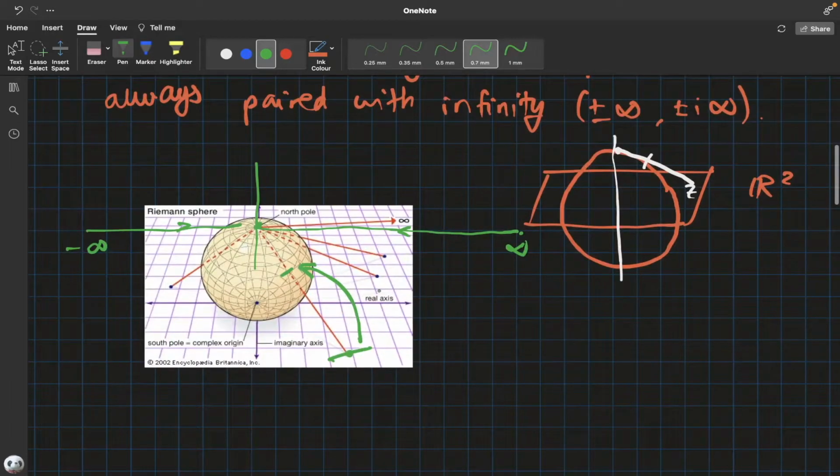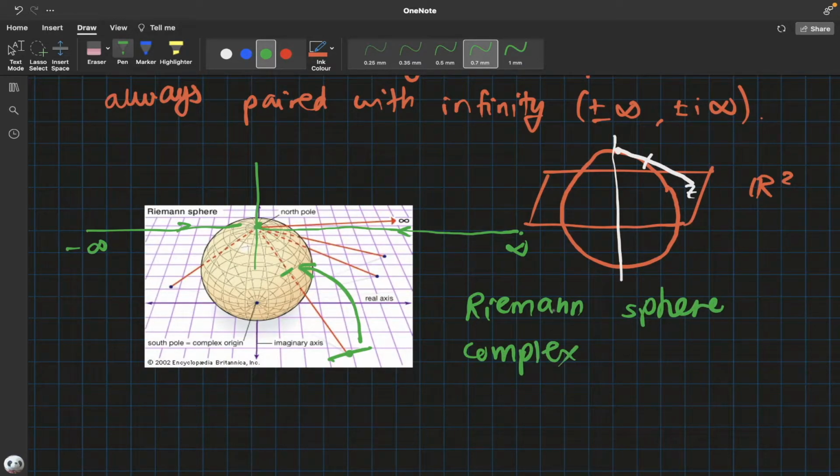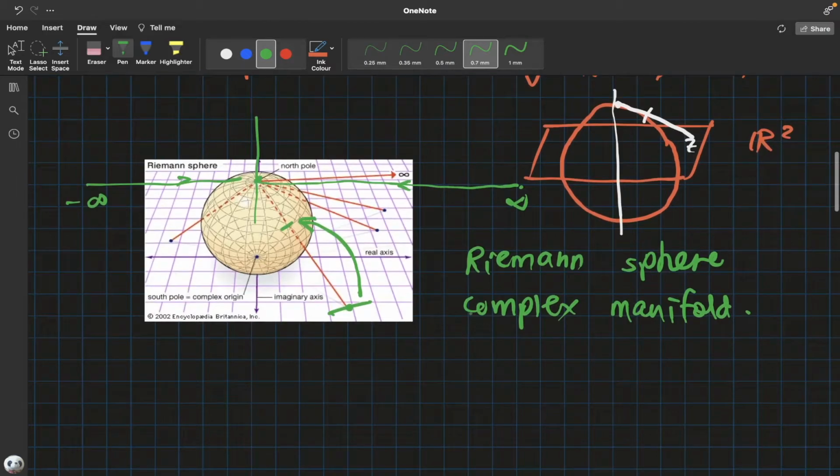And this sphere that the complex plane gets mapped to is the Riemann sphere. It's a complex manifold for higher dimensions. Manifolds are higher dimensional generalizations of surfaces. So it's a complex manifold if you want to work with not just one z, but many variables, several variables for complex functions.